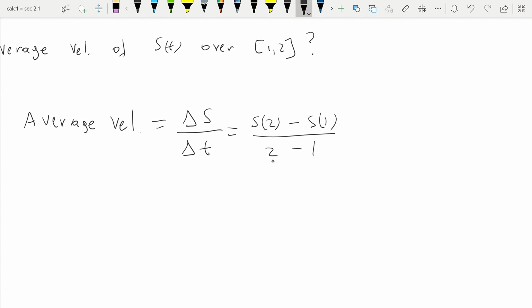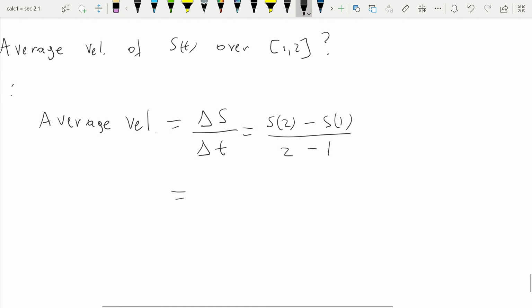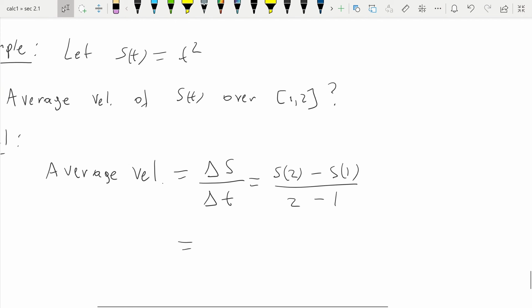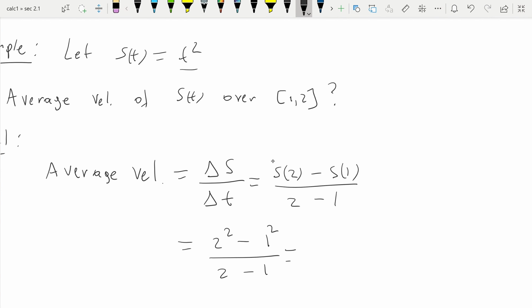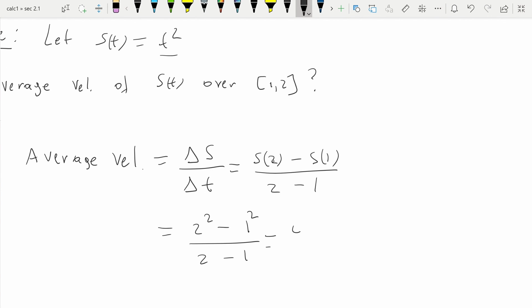And this is just equal to, what is s of t? s of t is a function that to each value t associates t squared. So this will be equal to 2 squared minus 1 squared, all divided by 2 minus 1, or 4 minus 1 divided by 2 minus 1, which will be equal to 3 over 1, which is just equal to 3.